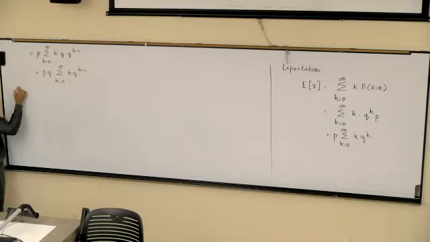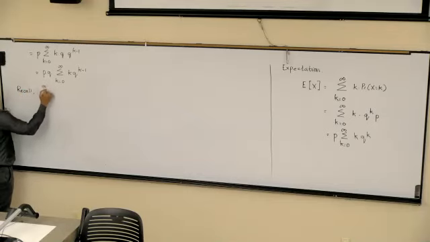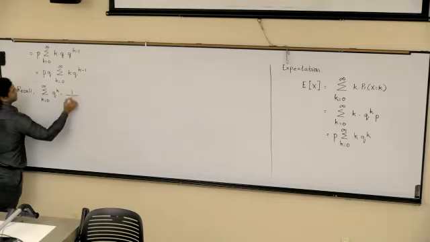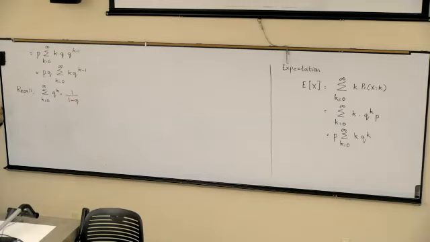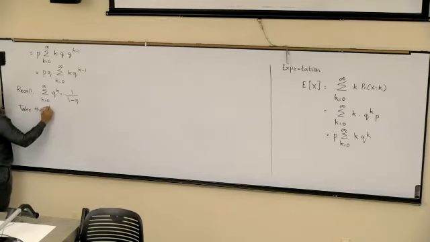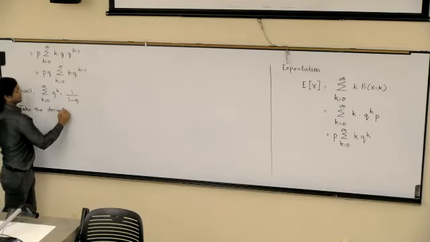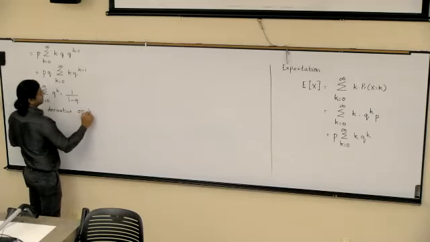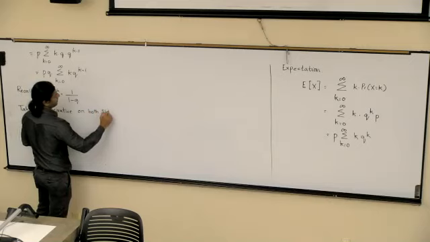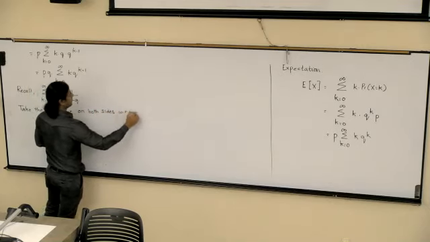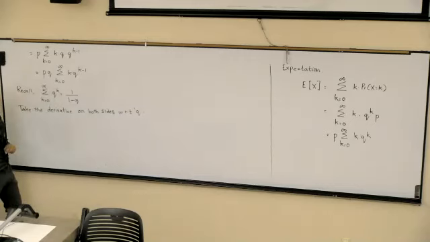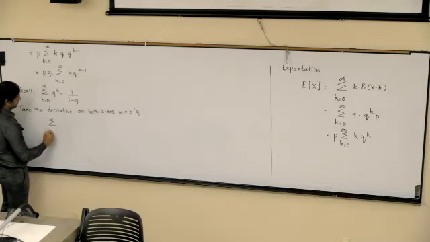But there is a reason why I'm doing that. So I know the sum of q raised k equals 1 over 1 minus q. Now I'm going to take the derivative on both sides with respect to q. What is the derivative of q raised k?